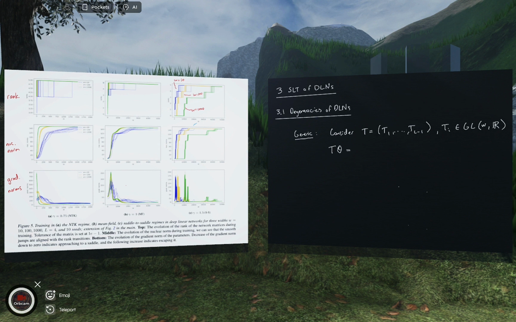We'll apply these transformations in between each of our weight matrices. So what we end up with is, and so on, T1.